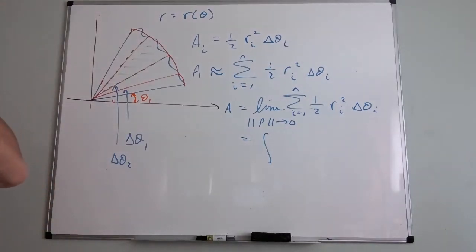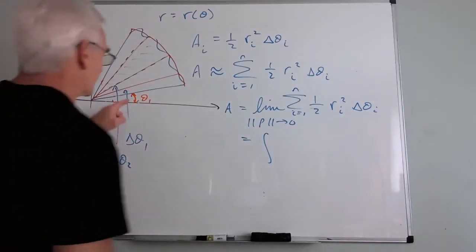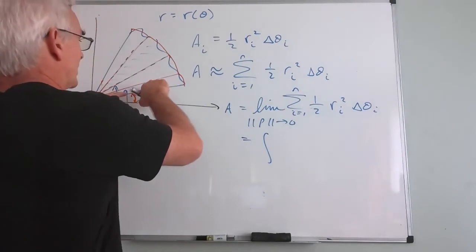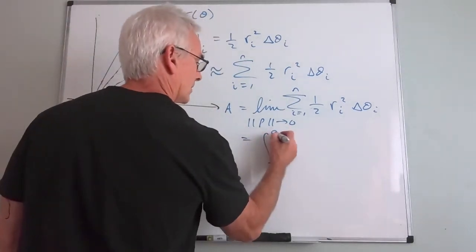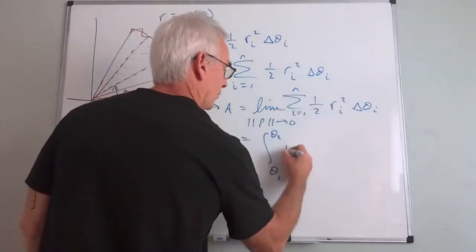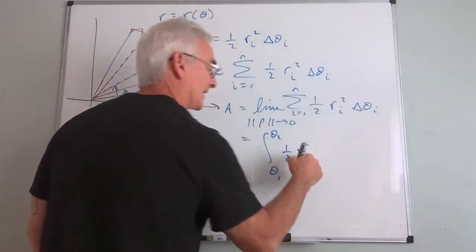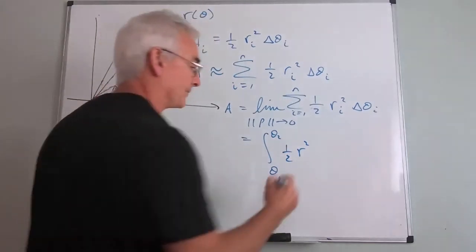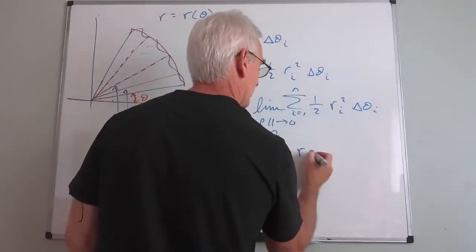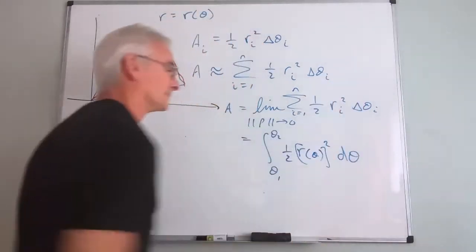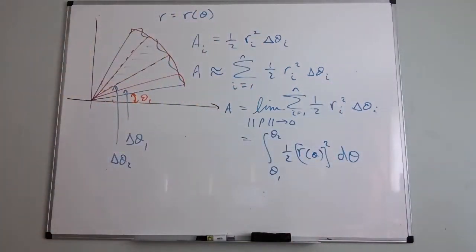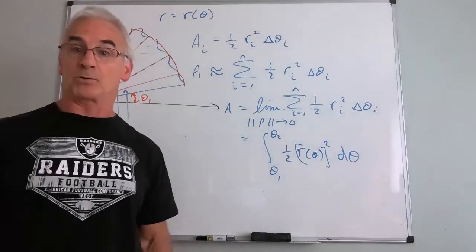But what integral? The integral from theta 1 to theta 2 of 1/2 r squared. Remember, that's r of theta. So it'd be better if I wrote r of theta squared d theta. And this is the formula for finding area using polar coordinates.